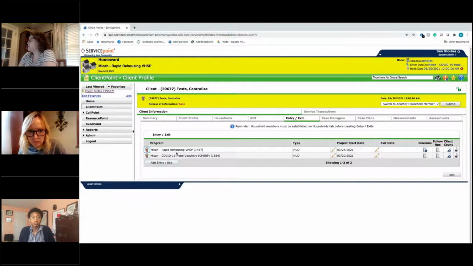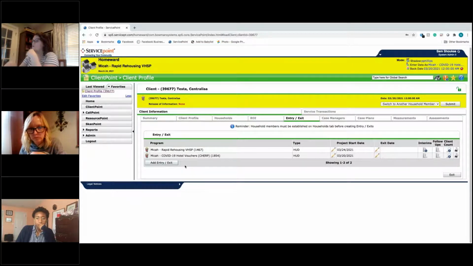For most housing projects, you are usually enrolled in some other kind of project prior to your enrollment in a RAPID or PSH project. You're either working with street case management or you are working with a shelter provider before you go into housing. And so this is the only time in which you should have dual enrollment in projects.